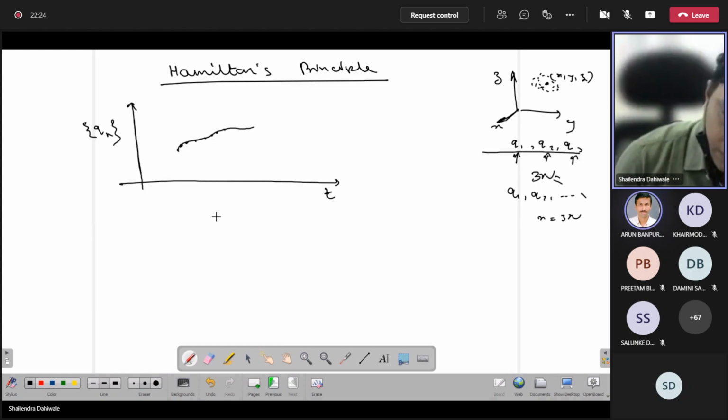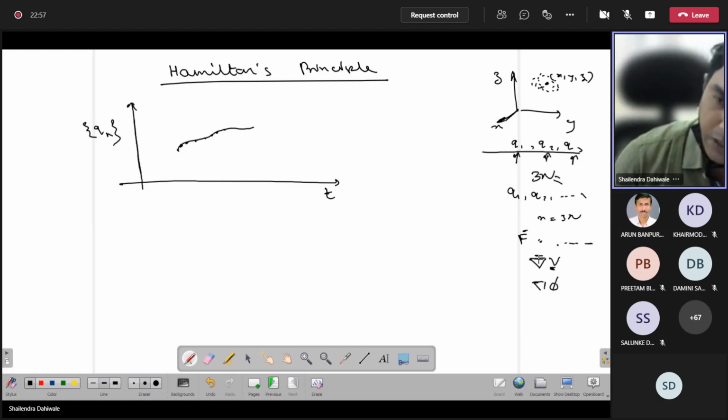So you might have read in your BSc also, if forces are conservative, you can write them in terms of some scalar potential. If a force is derivable, you can write it as the gradient of V, this potential, or gradient of phi.